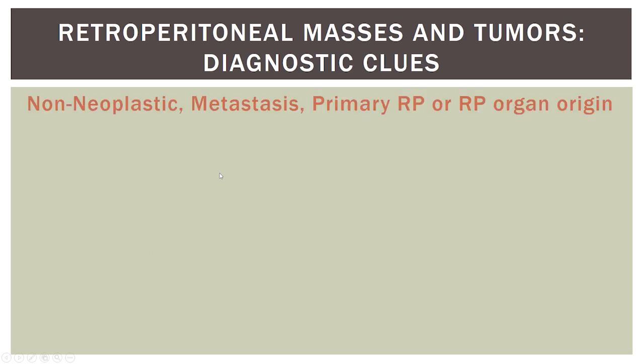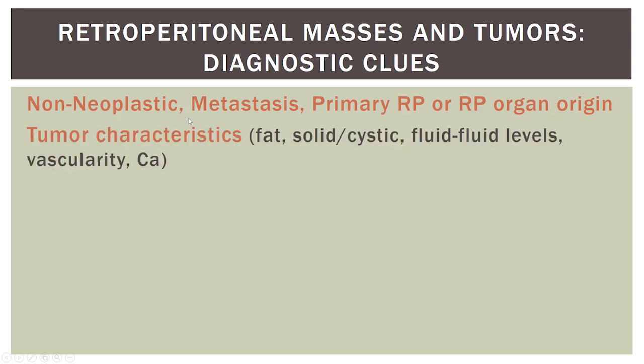Keep in mind when you're dealing with retroperitoneal masses and tumors, think that is this non-neoplastic process or is it neoplastic, meaning that could be metastasis, could be arising from primary retroperitoneum itself or from an organ in the retroperitoneum. Think about the tumor characteristics, like does it have fat, solid cystic component, fluid levels, vascularity and calcification.